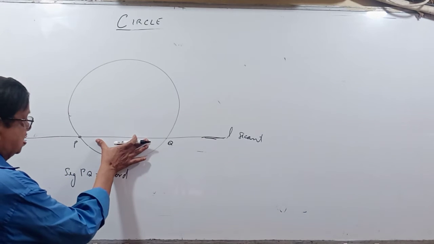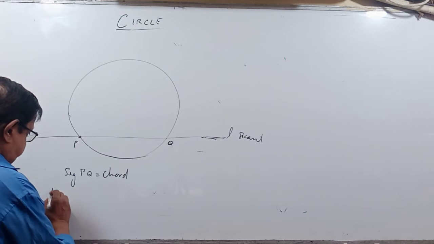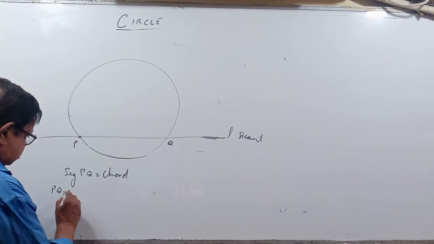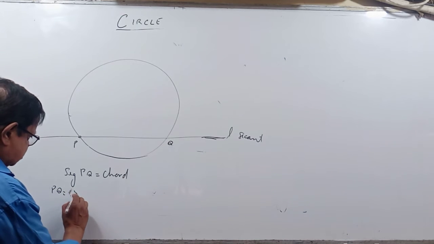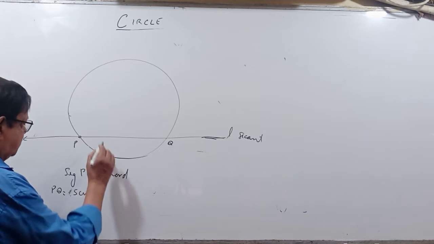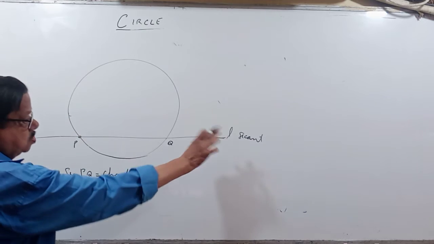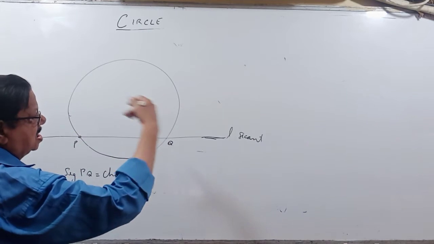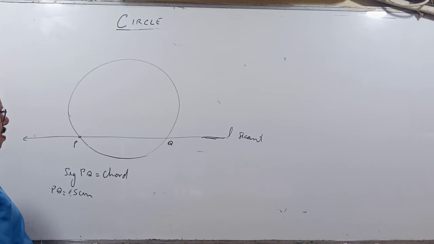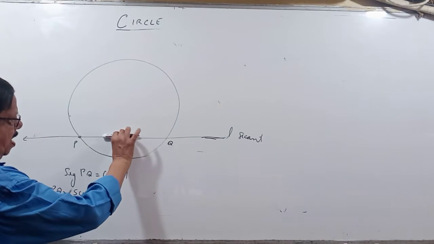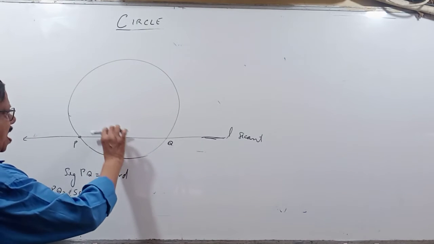PQ has got a specific length. Suppose PQ is equal to 5 cm. Chord length is equal to 5 cm. A line has infinite length; we cannot speak of the length of a line. PQ is a chord. PQ is a part of the secant.